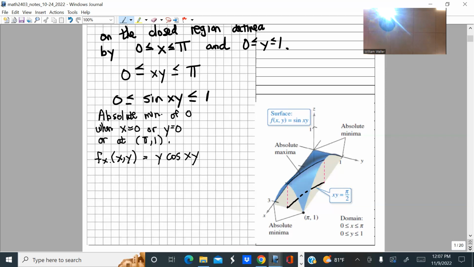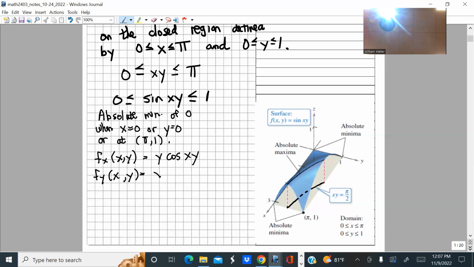If you take the derivative with respect to x, of course, the derivative of sine is just cosine, but you have to apply the chain rule, right? So you have to take the derivative of xy and multiply it in, but with respect to x, that's just going to be y.